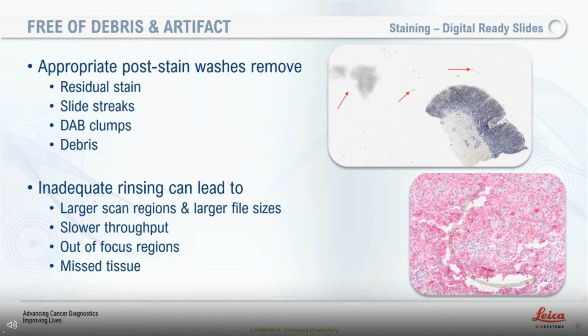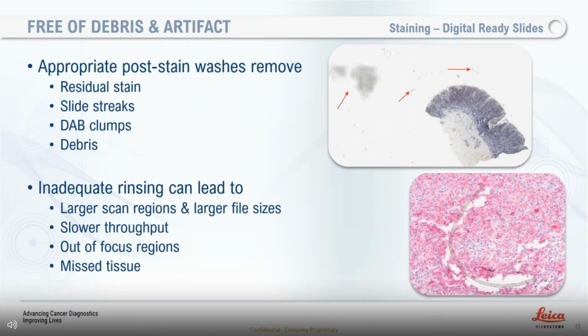It can also lead to out of focus regions, again depending on the scanning mechanism of the instrument that you're utilizing. It can cause it to recognize maybe the debris as the tissue and set the gross focusing, similar to your coarse focus on a microscope, there, and then your actual tissue of interest may be out of focus.